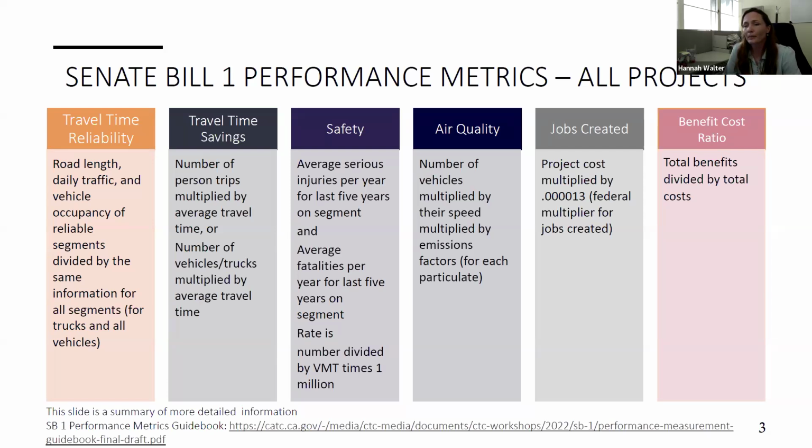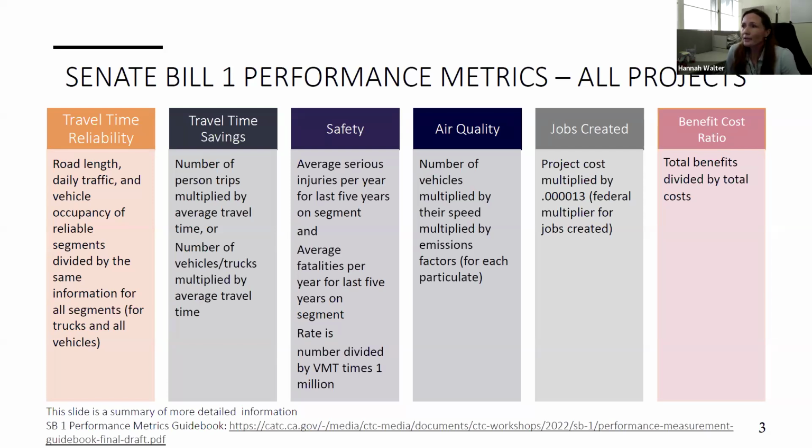Emissions is a little complicated because it depends on the speed that the cars are traveling, and it also is making assumptions about the emissions that are related to transportation versus all the other sources on that segment of road that could be causing emissions. I'll talk about how the CalBC model calculates the emissions in a separate slide, but air quality is looking at the reduction in emissions that could occur because of a project in the project area.